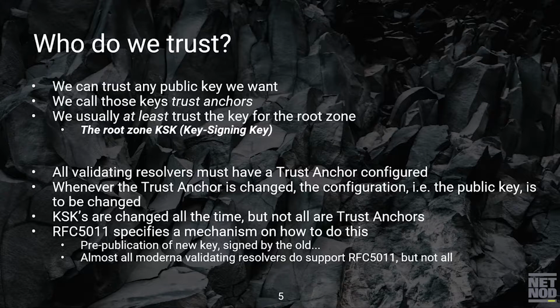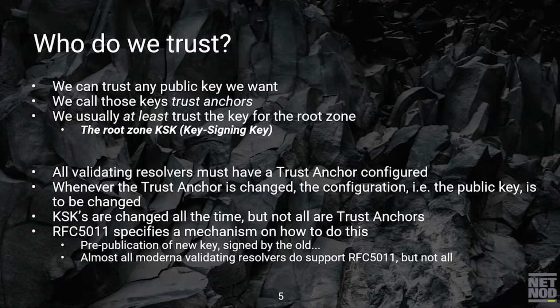And every validating resolver must have a trust anchor configured. This can be configured manually, or it can automatically be updated with the help of a standard called RFC 5011. What this RFC says is that, in a little bit simplistic way, we use the existing key that we trust to validate that the next key is correct.